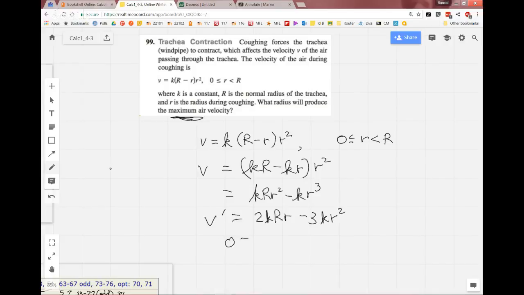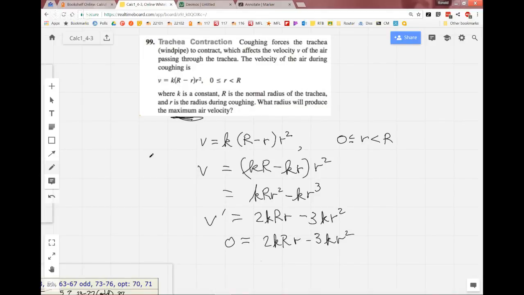We know that at a maximum, there should be a horizontal tangent. So 0 equals, let me get my keyboard out of here so I have a little more room to write. So 0 equals 2kRr minus 3kr squared.